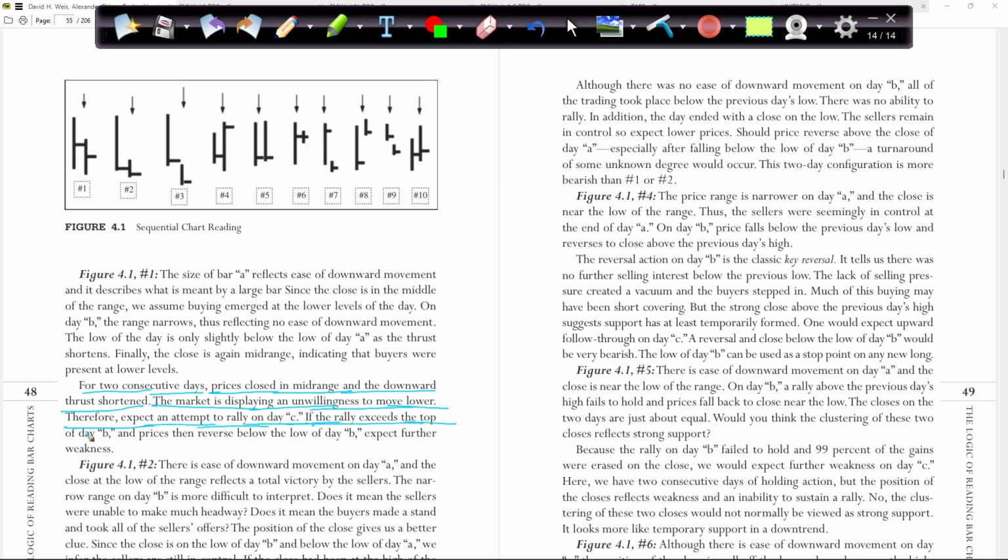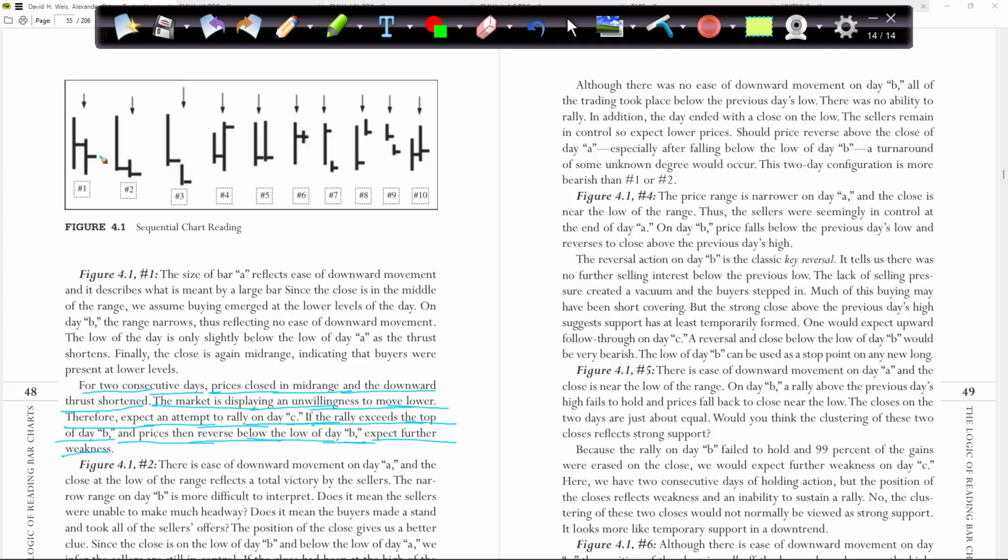If the rally exceeds the top of day B, and prices then reverse below the low of day B, expect further weakness. So suppose the next candle is forming.